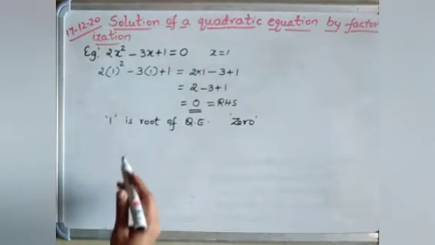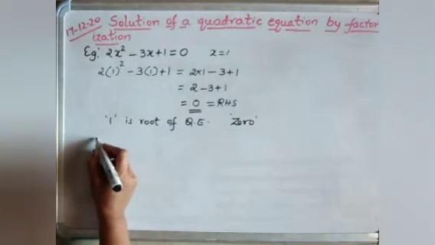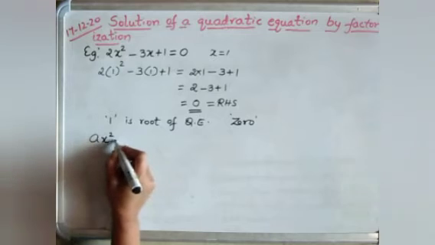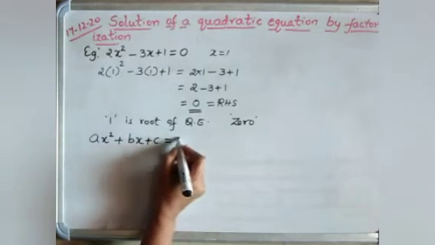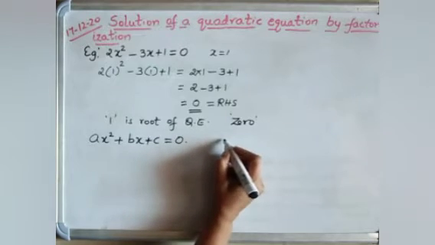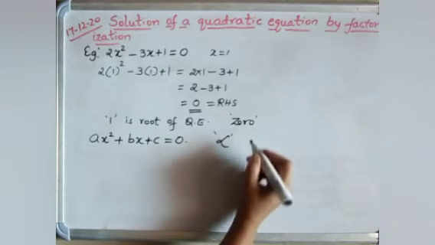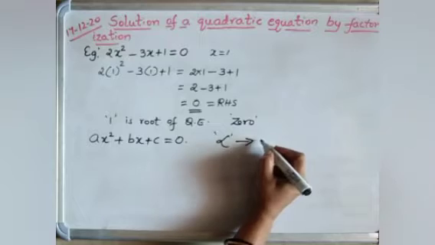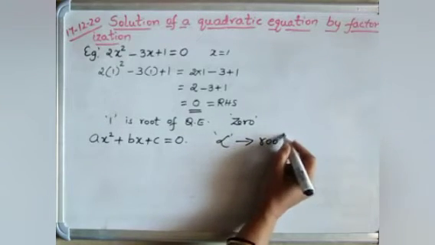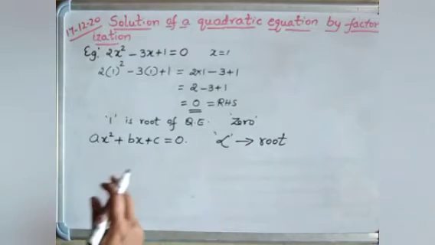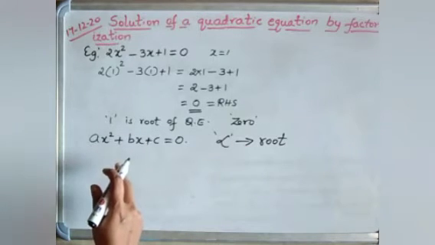In general, we write the standard form of quadratic equation ax square plus bx plus c is equal to 0. So generally we say a real number alpha, that is the root of the quadratic equation. So alpha is the symbol which we use to say root of quadratic equation.